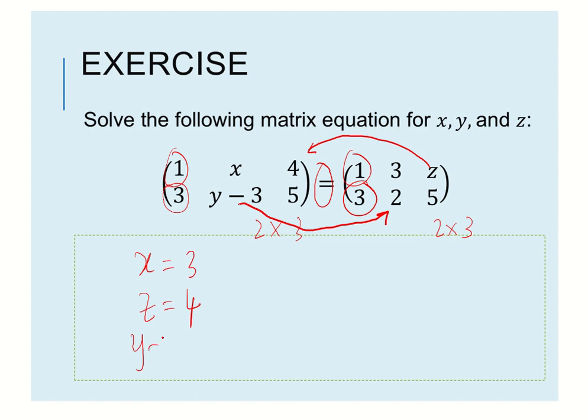So y minus 3 equals 2, and therefore y is 2 plus 3, which is 5. So we call this the matrix equation. Since they are equal, we can find the corresponding values.